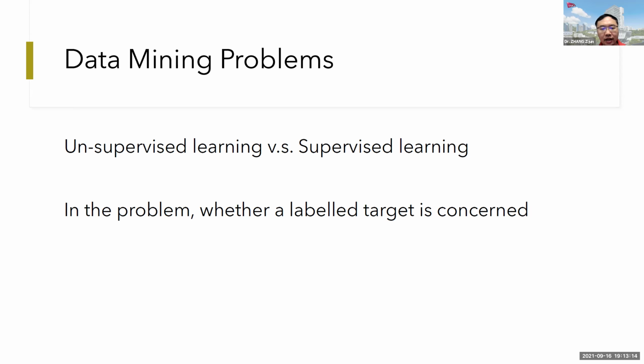In data mining tasks, there are typically two tracks. One track is called unsupervised learning, and another is supervised learning. To differentiate them, you check whether the data set has a label target, or whether a label target is concerned in this data set.